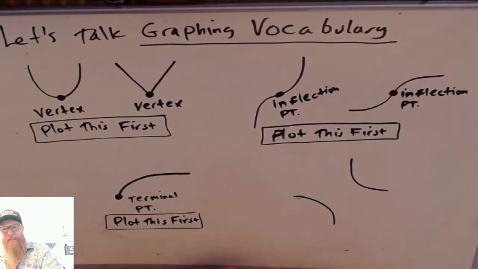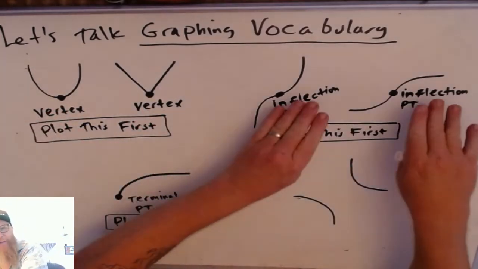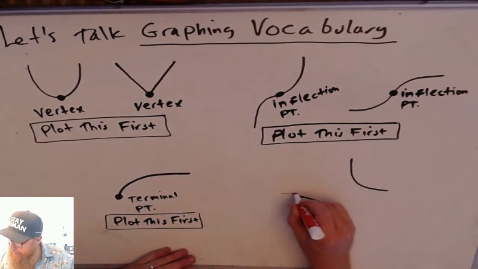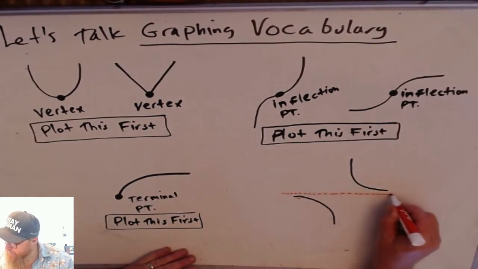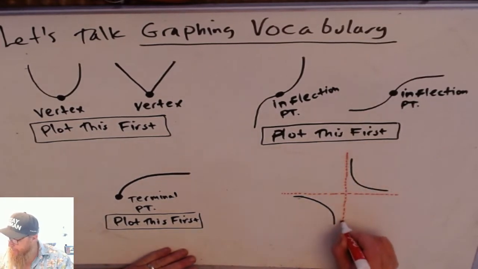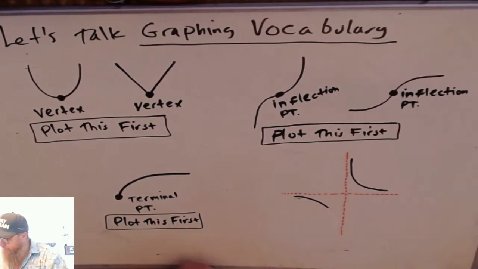It has neither. It has no vertex, no inflection, and no terminals. Instead, it has asymptotes. Okay, those are called asymptotes.